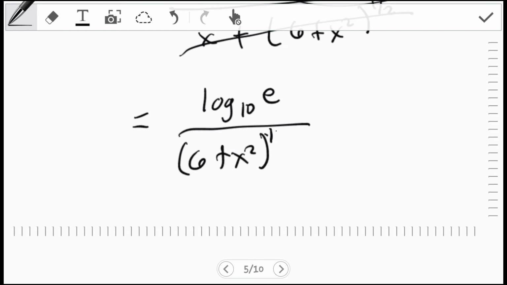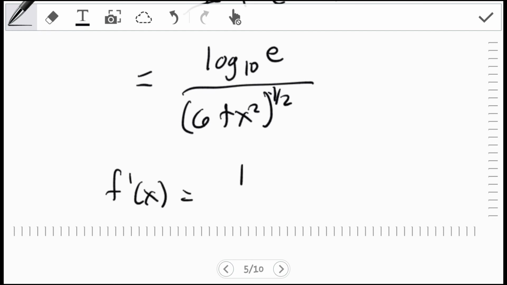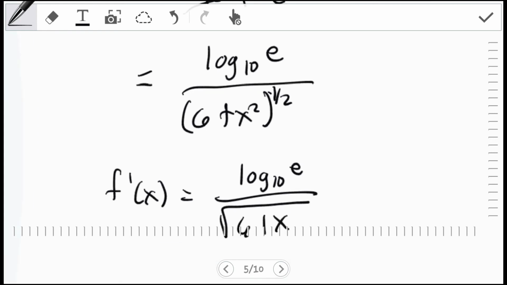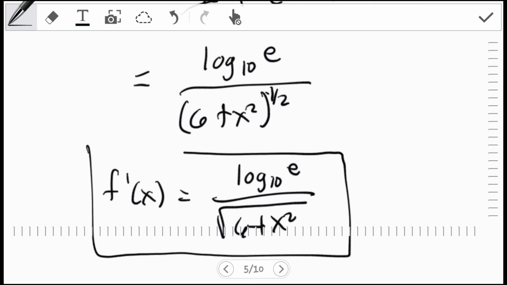So the first derivative of f of x is equal to log to the base 10 of e over the square root of 6 plus x squared. That is the final answer.